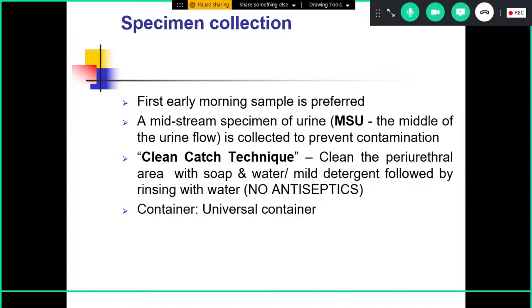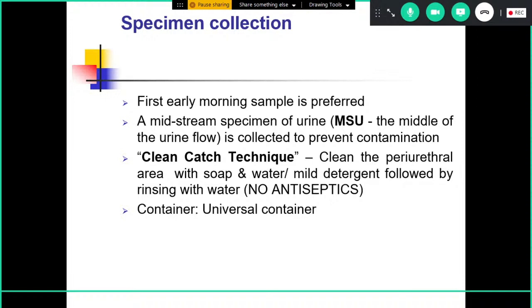So another important thing to be kept in mind when you give instructions to the patient is a clean catch technique, that you have to clean the area with soap, water, mild detergent, but no antiseptics. And the sample is to be collected in a sterile universal container or any other wide mouth container.